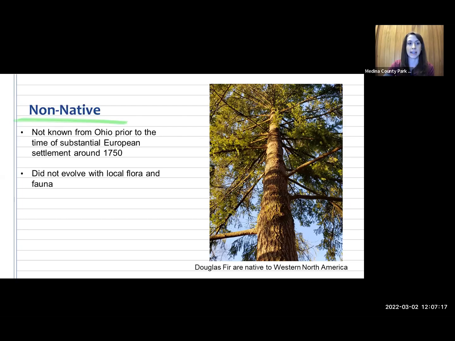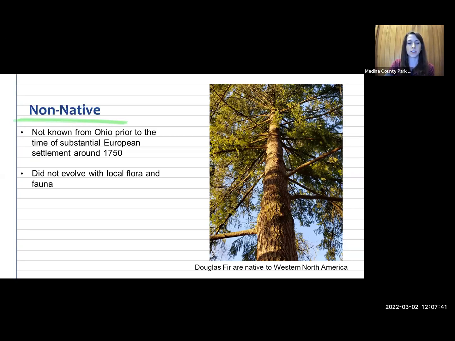Like I said, around 1750 is the generally agreed upon cutoff for native and non-native species. Non-native species did not evolve here, but that doesn't make them invasive. They are from another area, we've brought them here, and they aren't overwhelming, okay?